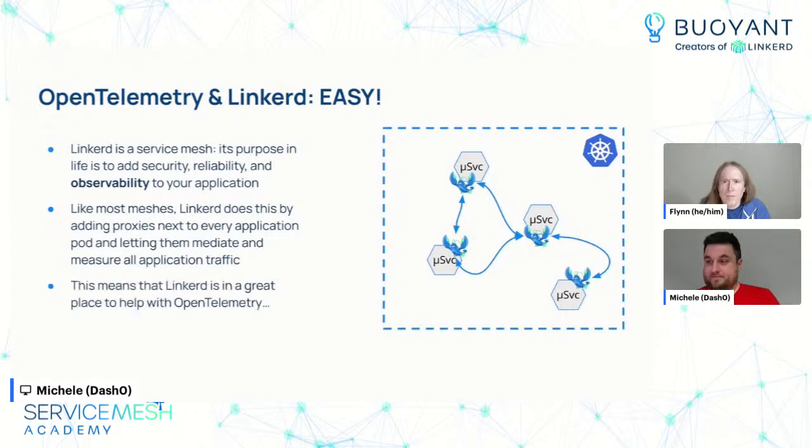So what do we need to do to tell Linkerd to go ahead and participate in OpenTelemetry to help you out with this? Fortunately, as of Edge 25.2.1, which came out yesterday, that's pretty straightforward.